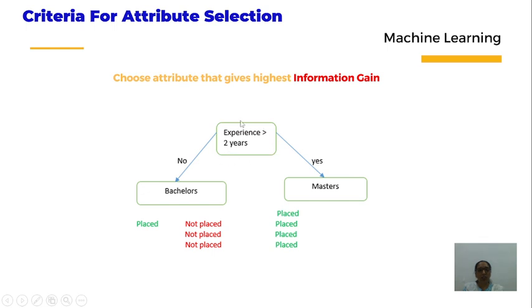So here we will consider experience as the root node, the splitting will be done, and the decision tree is constructed.